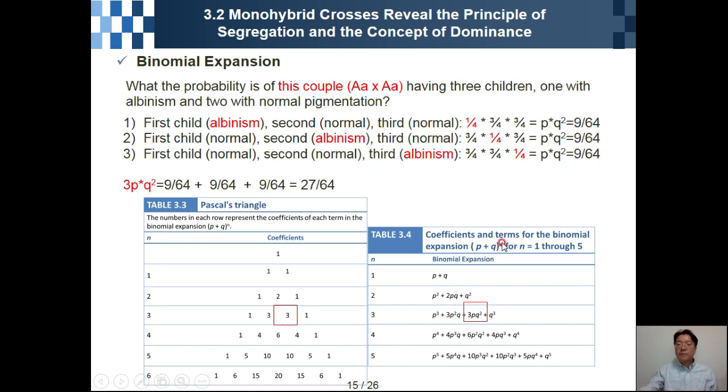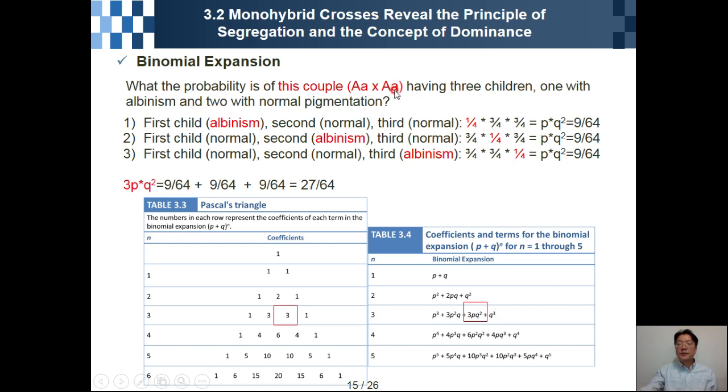For n equal to 3 children, the coefficients are 1, 3, 3, 1. So if you use the binomial expansion for the probability of this couple having 3 children, 1 with albinism and 2 with normal pigmentation, n is 3. The coefficients are 1 3 3 1.